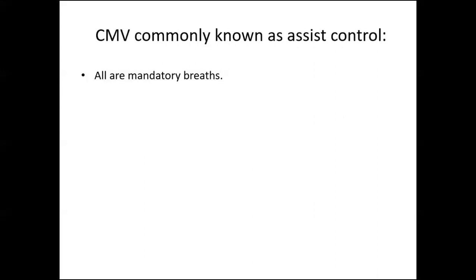Here all the breaths are mandatory. If you set the rate, that will be delivered. If the patient doesn't breathe, it's not going to make a difference here. If you set a rate of 20 or 30, the ventilator is going to deliver 20 or 30, whether the patient takes a breath or not.